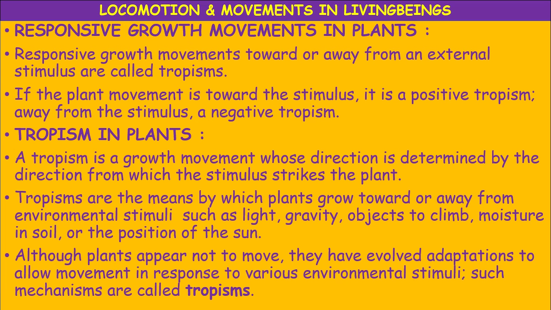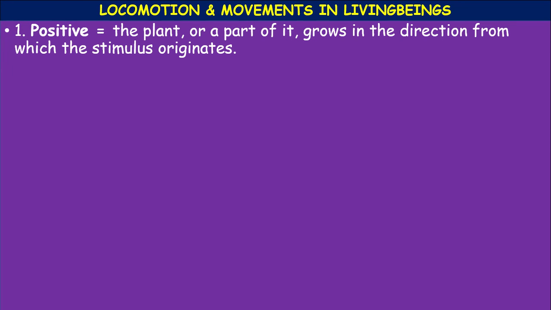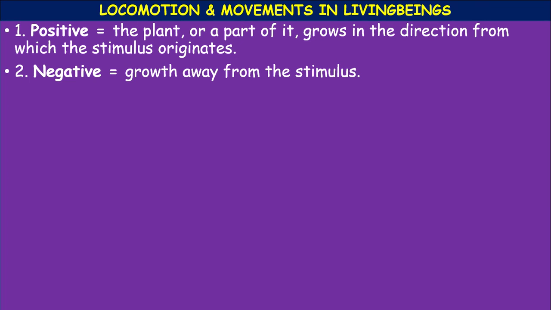If it is showing any response by touch, thigmotropism. Depending upon the stimuli, the tropism name changes. First, positive tropism: the plant or a part of it grows in the direction from which the stimulus originates. Negative: growth of the plant part away from the stimulus.